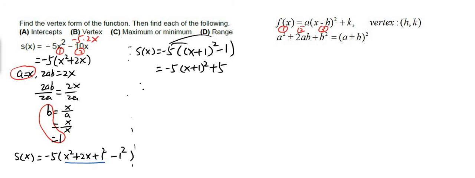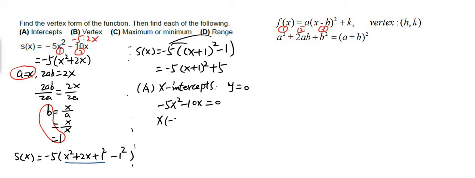Now let's figure out the intercepts. Let's take a look at the x-intercepts. For x-intercepts, we let y equal 0. So we have negative 5x squared minus 10x equals 0. We can use the factoring method. We can factor out x, or you can factor out negative 5x. It doesn't matter.